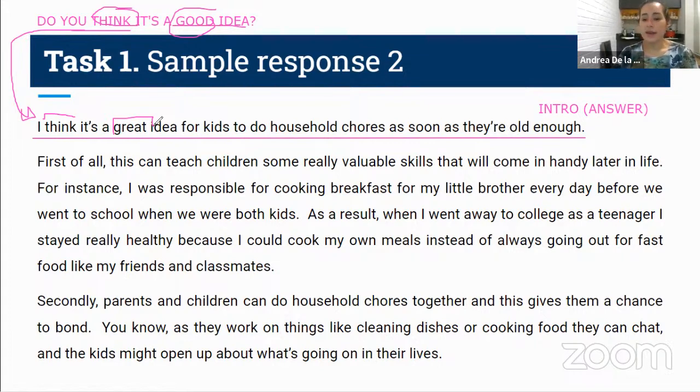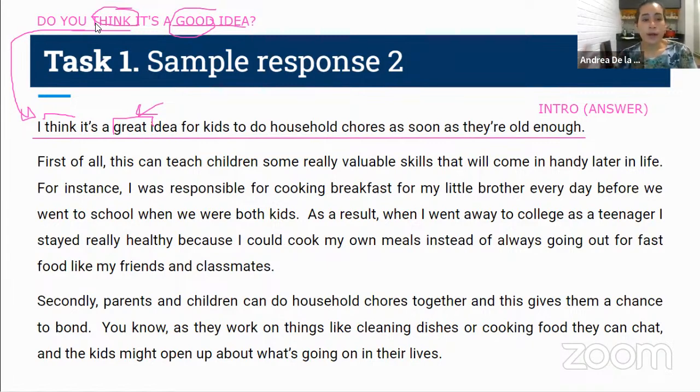Or if I say, I think it's an awesome idea, or I think it's the best idea that kids do household chores. So when I'm using those adjectives, I'm making it stronger. I could even use an adverb, right? And say, I think it's totally a great idea for kids to do household chores.